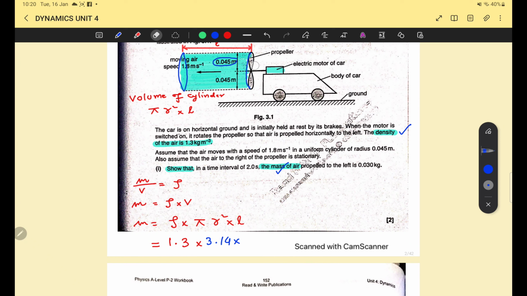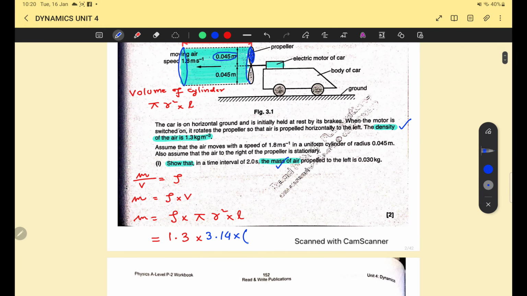The radius of the propeller means the radius of the blade, the size of the blade. So the size of the blade is acting as the radius. So the radius is 0.045. It is pi r square.